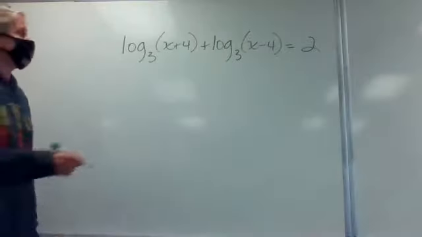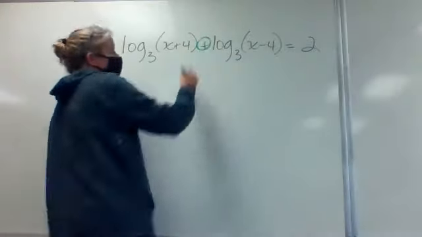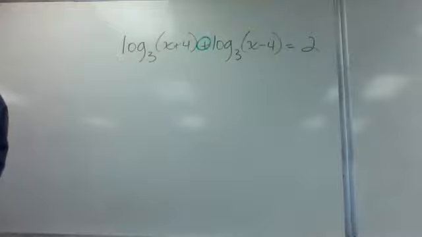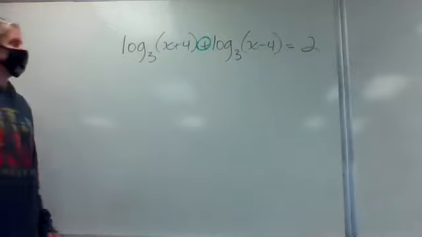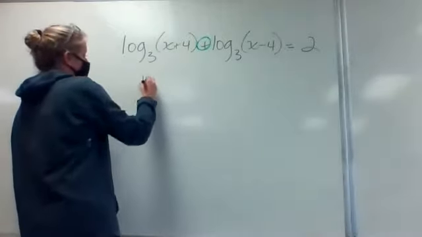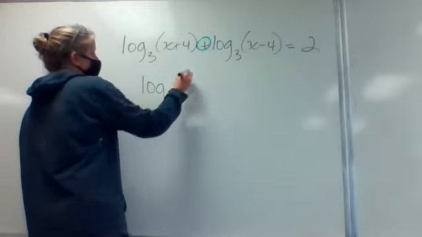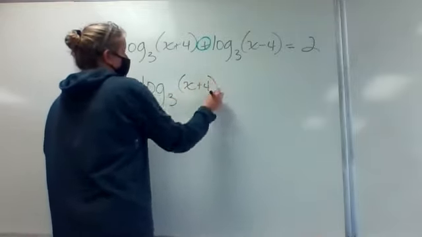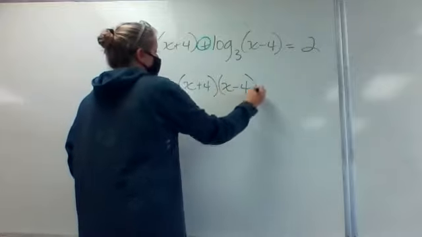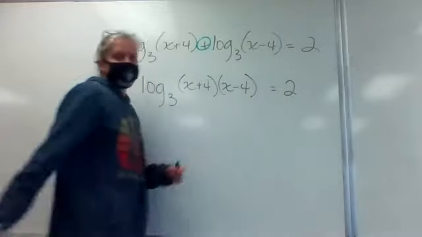So same thing on the left. I'm going to rewrite that as a single logarithm. Since it's adding, I'm going to rewrite it as the product of those. So log base 3 of x plus 4 times x minus 4 equals 2.